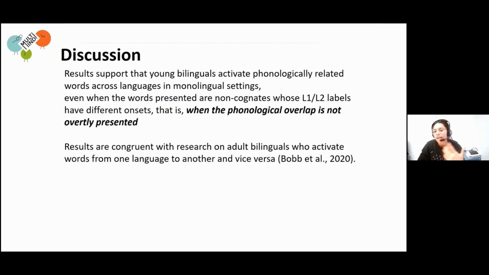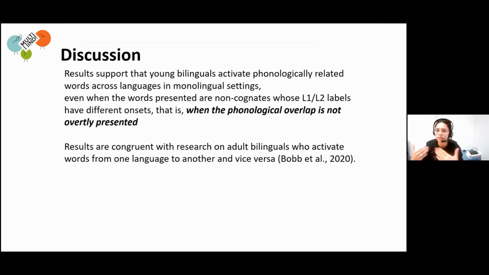And these results are congruent with some recent research done with adult bilinguals who activate words from one language to another. In this study, they found bidirectional effects from Spanish to Basque and from Basque to Spanish.